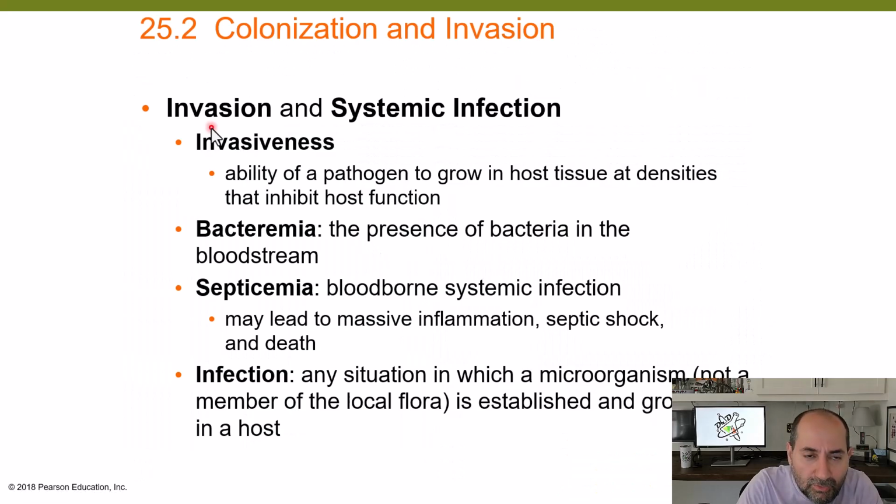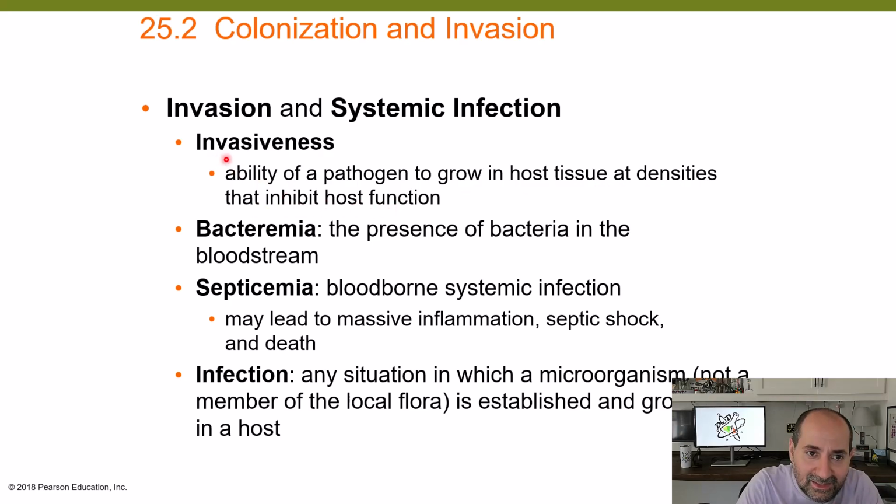Now, at this point, after colonization, remember, we need to invade the host and spread to adjacent tissues, or even get into the circulatory system and spread systemically, right? So invasiveness is the ability of a pathogen to grow in host tissue at densities that inhibit host function.